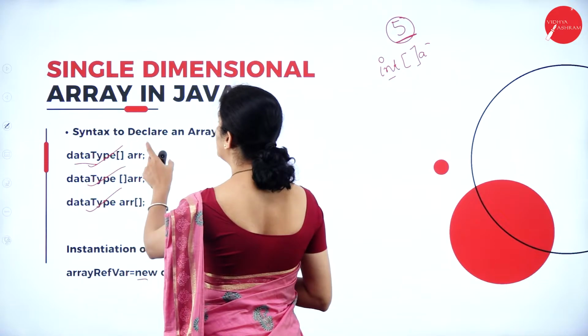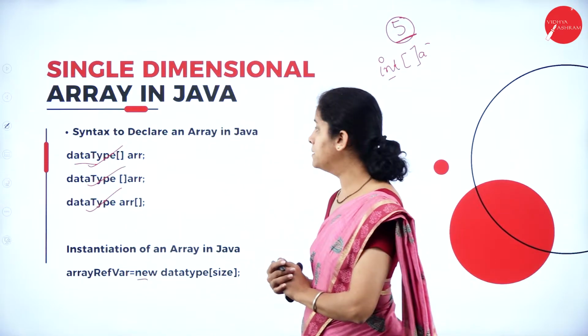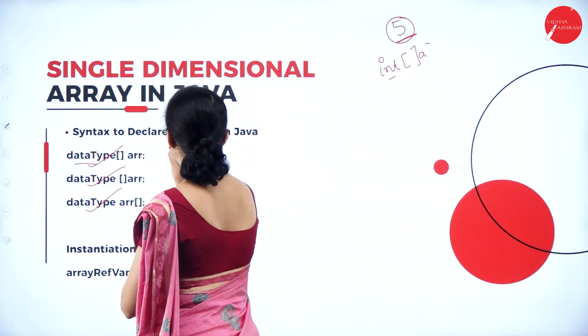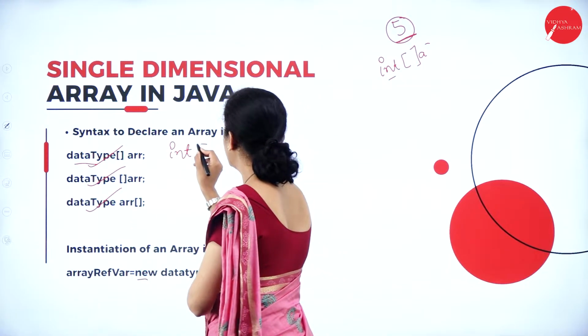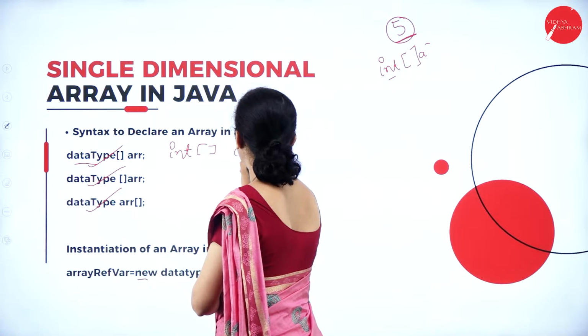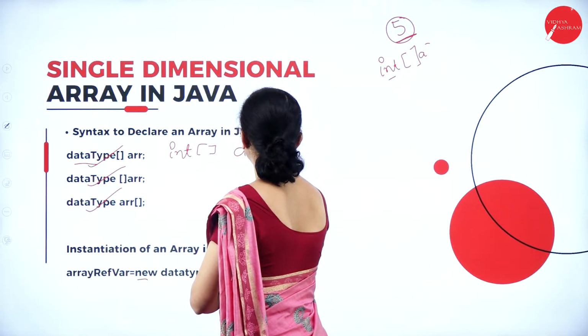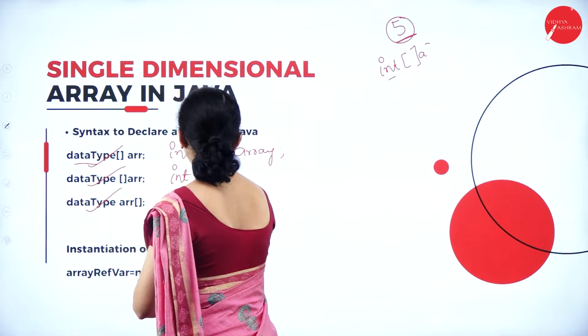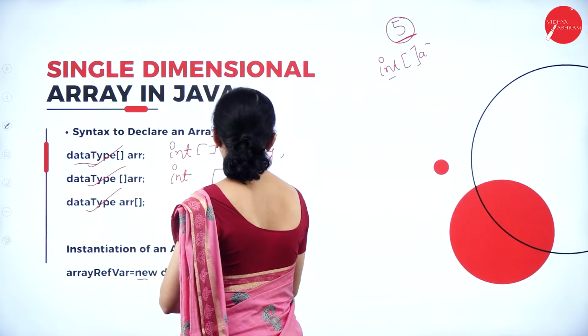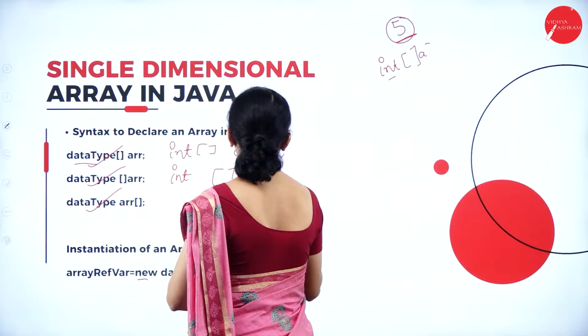Now for this, let me write the example. Say my data type is integer. Then I'll write array. Next time, int square bracket and it is array.